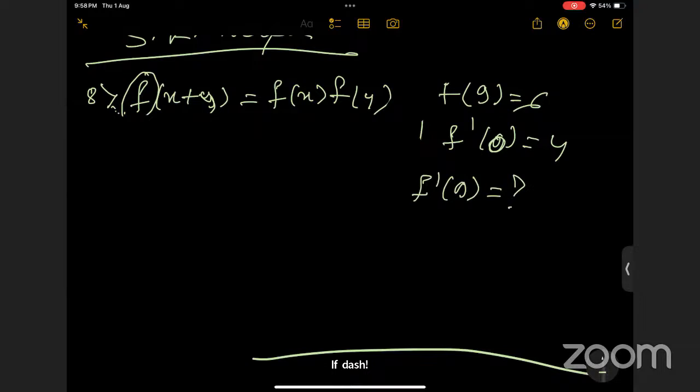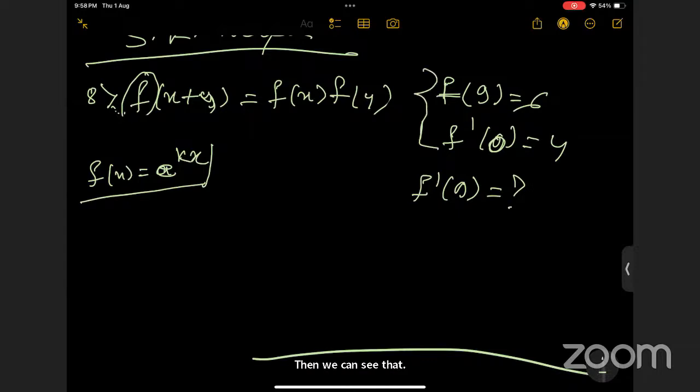Ma'am, can I say something? The function here, f(x+y) equals f(x) plus f(y), simply represents the function a to the power x, and then we can substitute the values. If we simply take the function as e power kx, then we can see that this is not satisfying these two conditions.